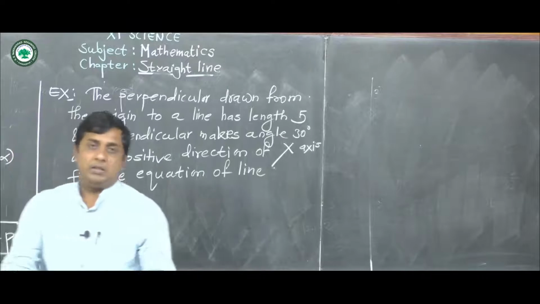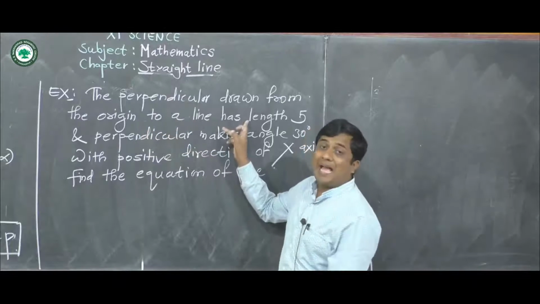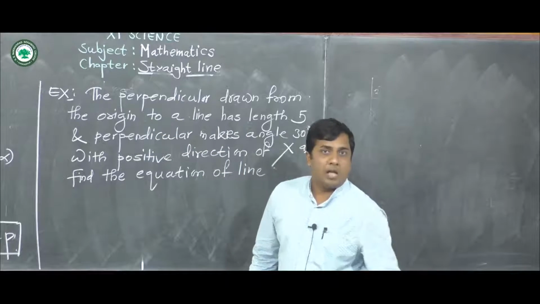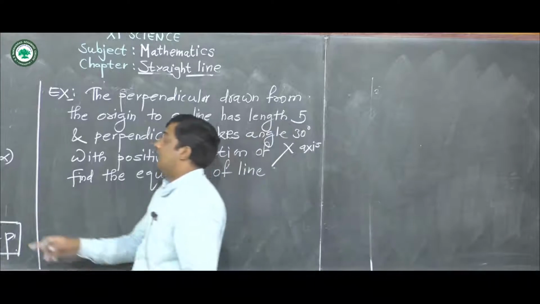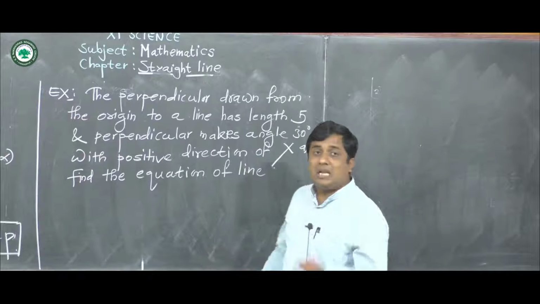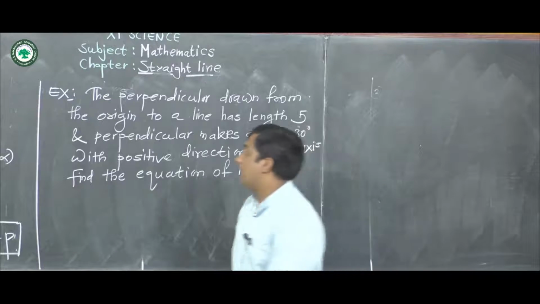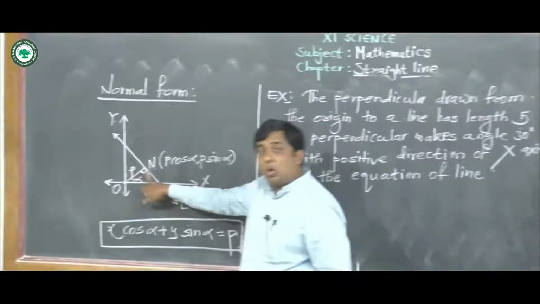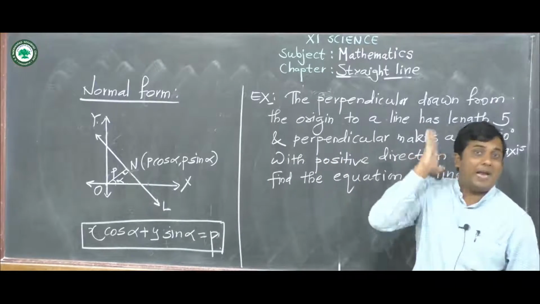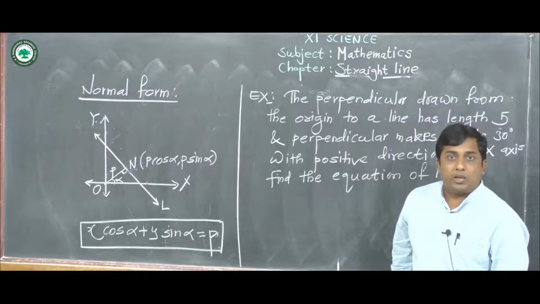Remember, given the perpendicular drawn from the origin to a line has length 5, it means P is given, and P is 5, that is, the length of the perpendicular is 5. Remember, this N is also called the foot of the perpendicular.